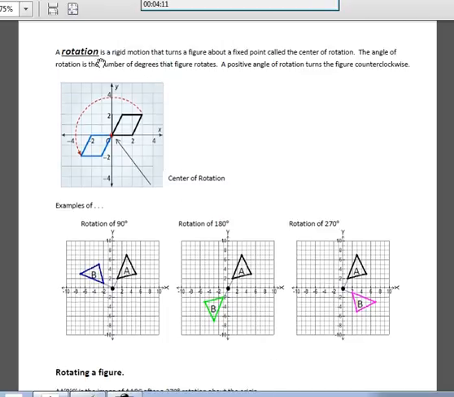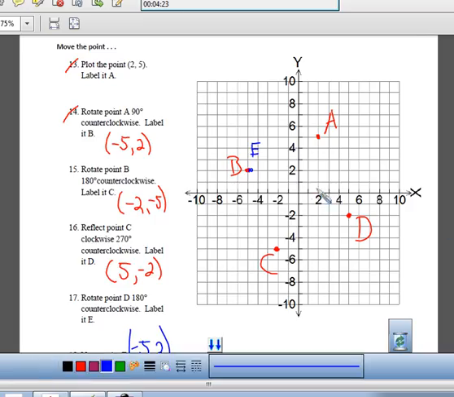A rotation, a turn, is a rigid motion that turns a figure about a fixed point called the center of rotation. Oh, by the way, on the previous page, and maybe you should turn back to this, the center of rotation was the origin.